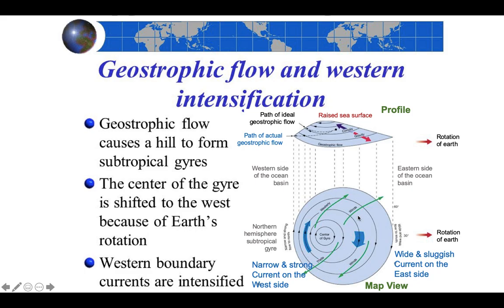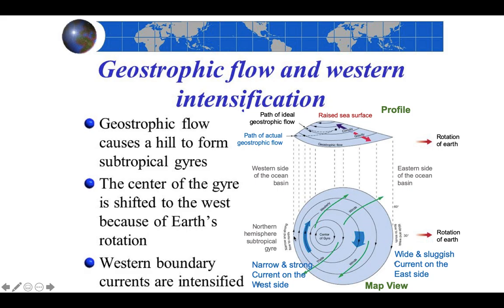So you're looking at, in the map view, a geostrophic flow within a subtropical gyre system. These are the elevation lines, and you see that they're very close to each other. But on the east side, the distance between these lines is pretty wide.